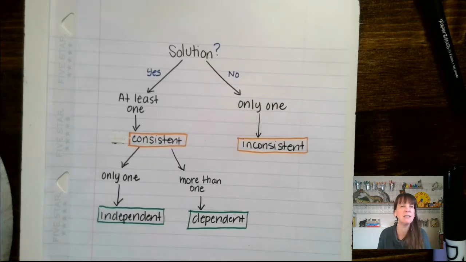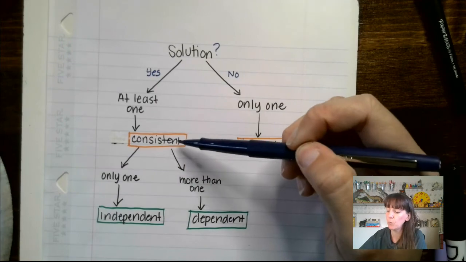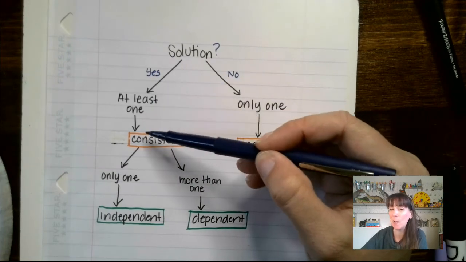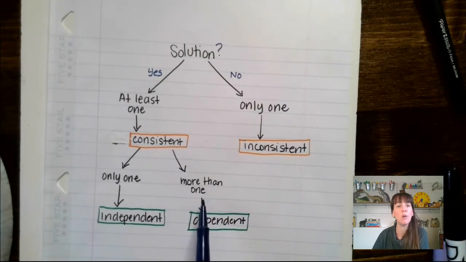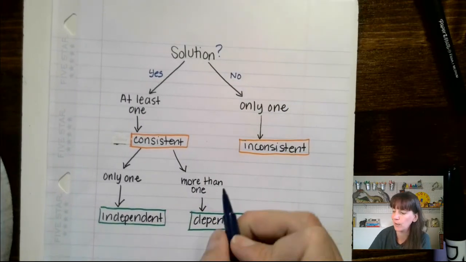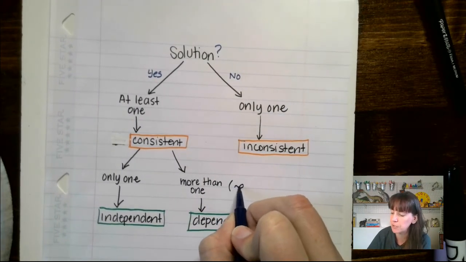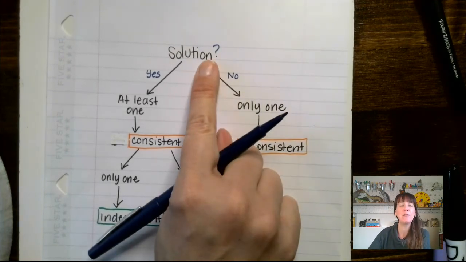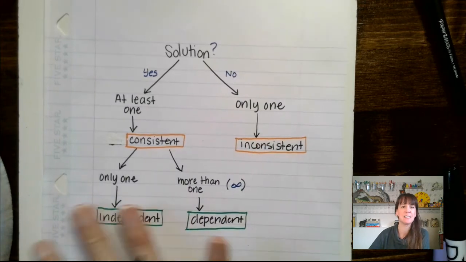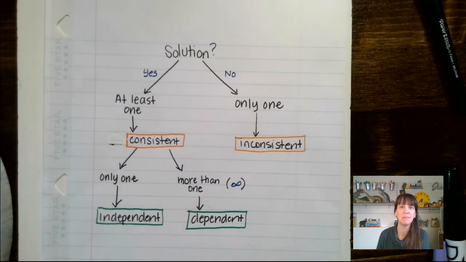It does not depend on the other graph in order to find that solution. But if there's more than one solution, meaning if there are an infinite number of solutions, then it is dependent. If there is no solution, it's inconsistent. We don't care about the independent-dependent thing. Hopefully this helps.